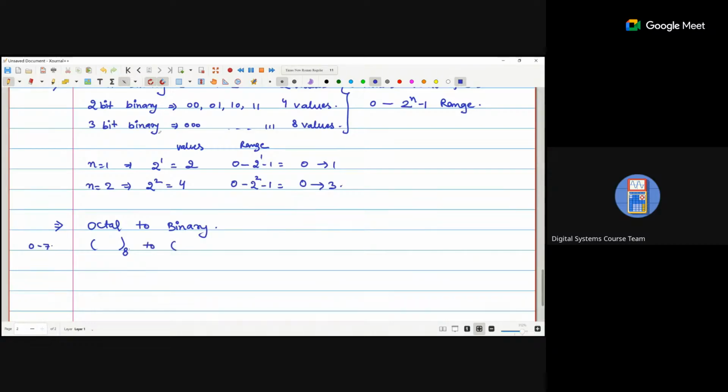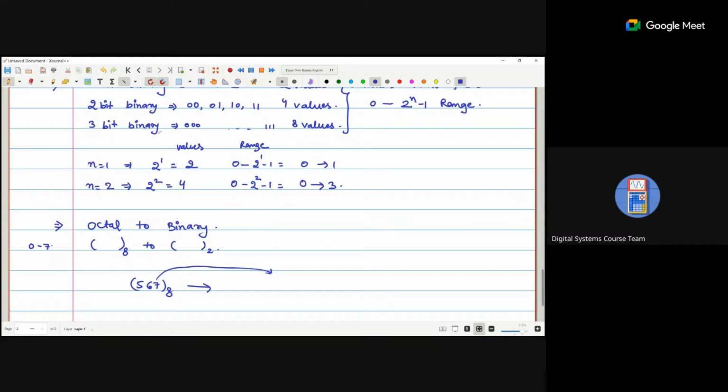So what basically matters is that if any octal number is represented, like 567, and I want to convert it into binary, I should represent every particular digit by its respective binary number.